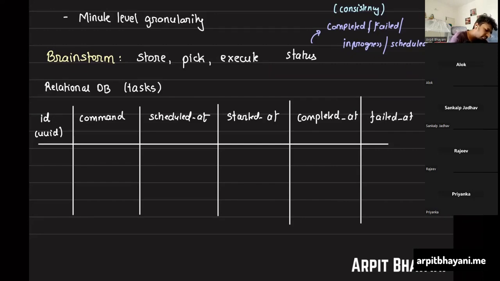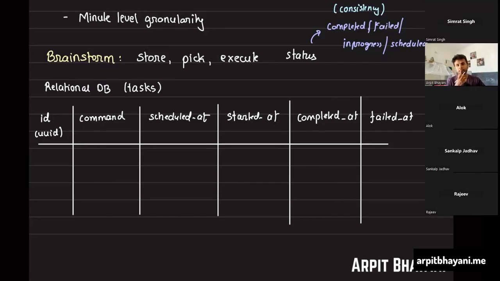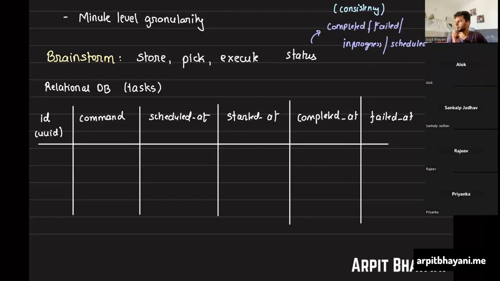No. Let's say completed at would suffice, because if our worker abruptly crashes, this column would be empty, and the orchestrator will maintain what happened to this job. Since a lot of time has passed, like 30 minutes, and there's still no update on this job.